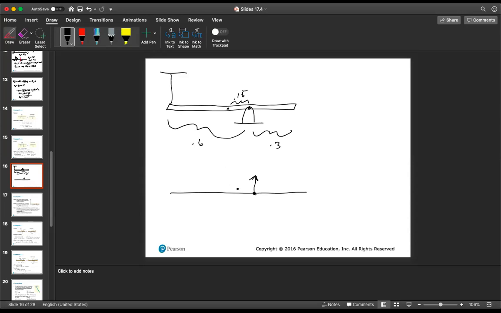So if that's the case, the normal force must be straight up. So that's that point. I have the weight, which acts as if it was concentrated at the center of mass. And those are really the only relevant forces.